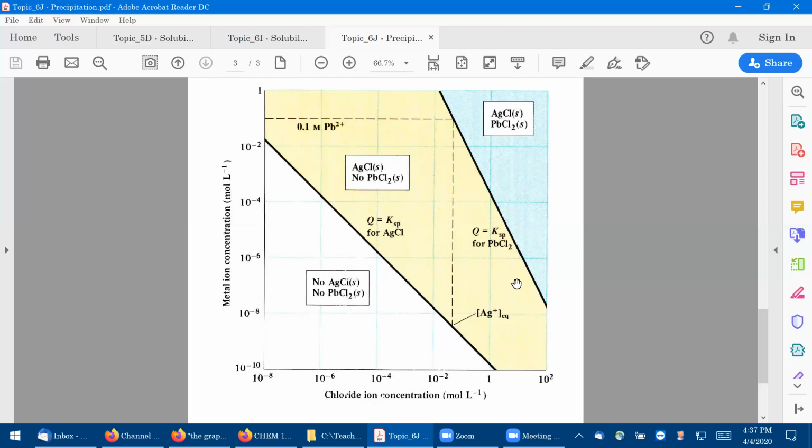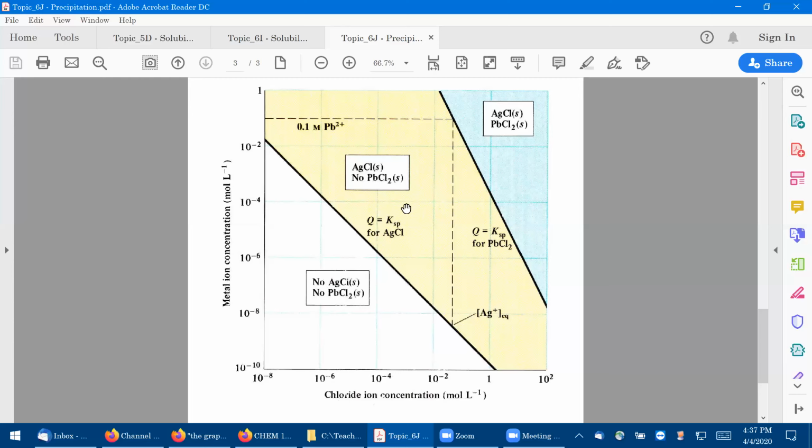Now, the point of this figure is what's in between, this yellow region here. This line right here, as we just said, represents the line for which the Q is equal to the KSP of silver chloride. This line represents the point at which the Q is equal to the KSP of lead chloride, which means it's also, of course, larger than the KSP of silver chloride.